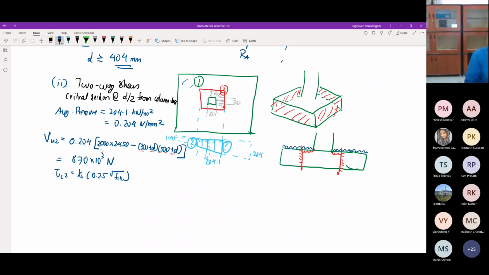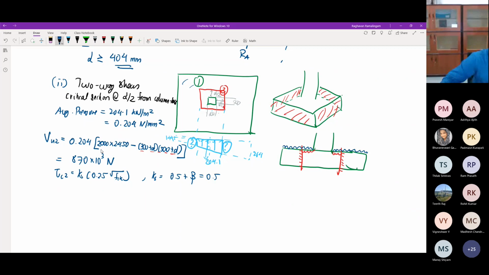Okay, this is a provision given in IS 456, where Ks is given by 0.5 plus beta, where beta is the footing short side divided by the footing long side.